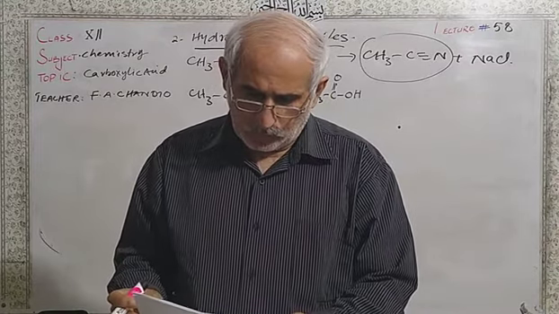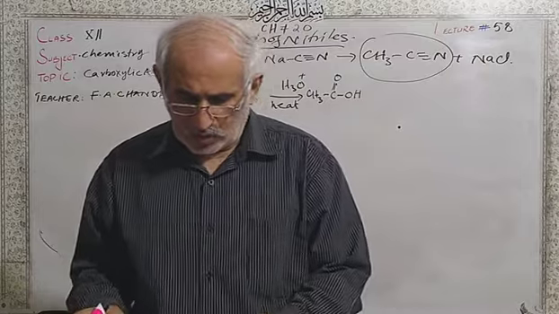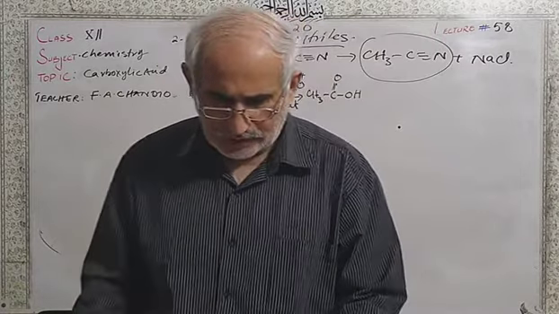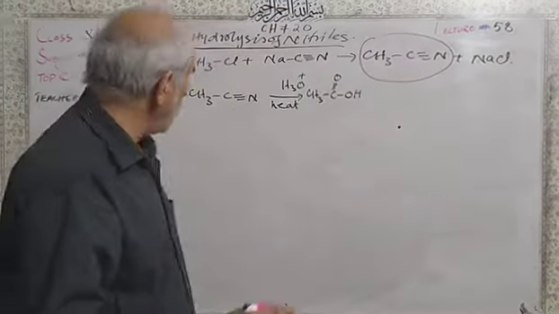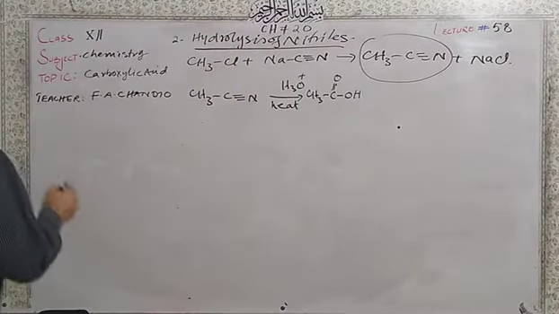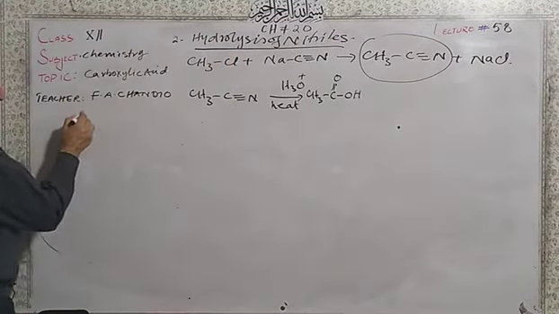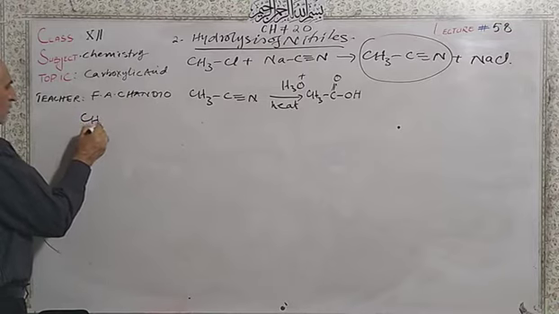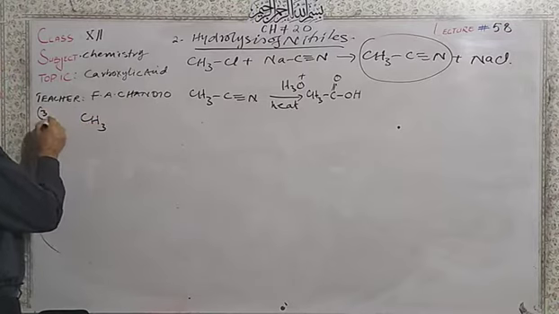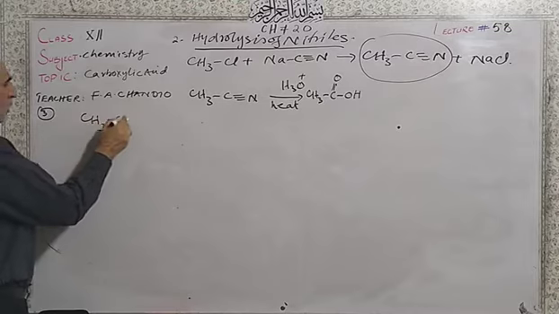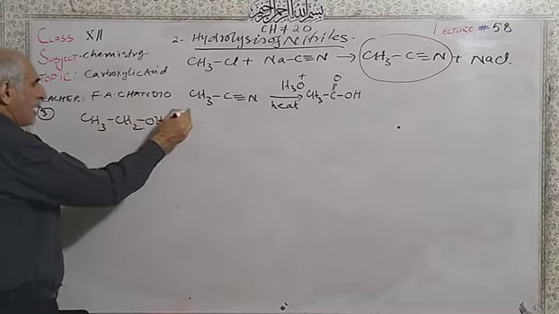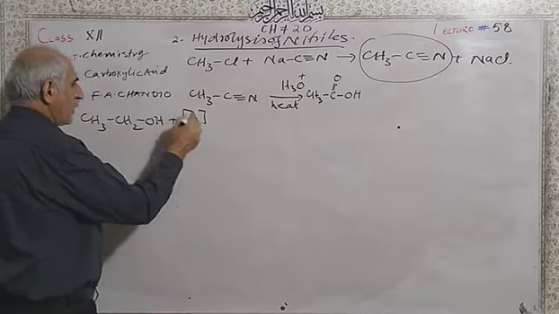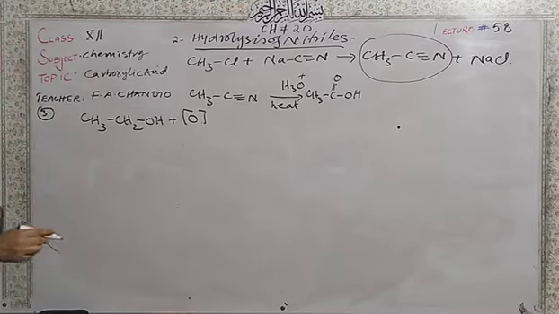Then oxidation of primary alcohols. You have done this review, given here, in the chapter of alcohols. So primary alcohols, ethanol. This is the third method. This is a review. Ethanol, catalytic oxidation by using nascent oxygen.